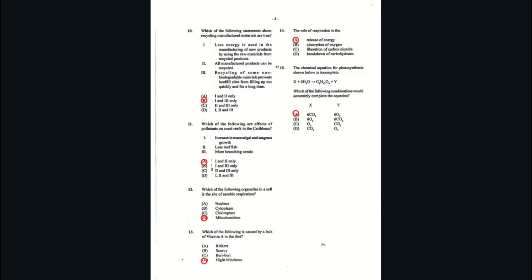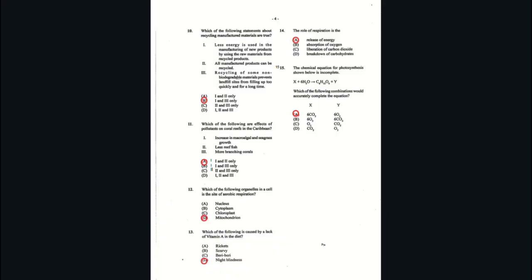Barely any fish in the area that we went. So it was a lot of seagrass, very pale corals, and yeah. So less reef fish, and then an increase in the macroalgae and seagrass because the algae take over. But basically, that's the answer A.